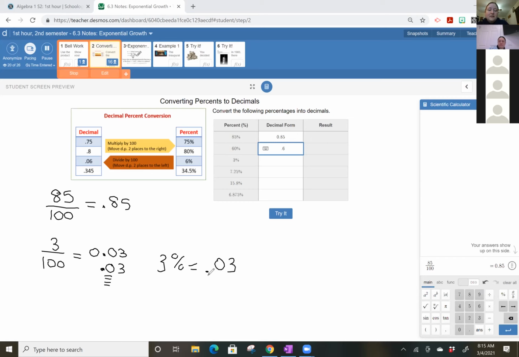So 3% is 0.03, okay? You have to be careful because 30% is 0.3. These are not the same. We see this mistake every single year. You need that 0, is what I was trying to get at. So just be mindful of that.